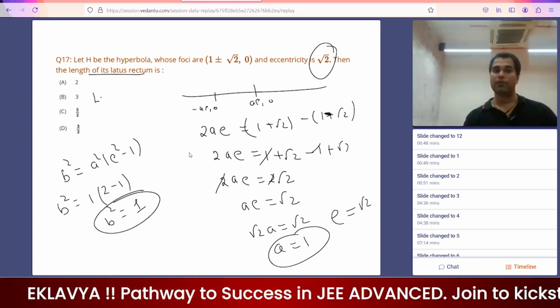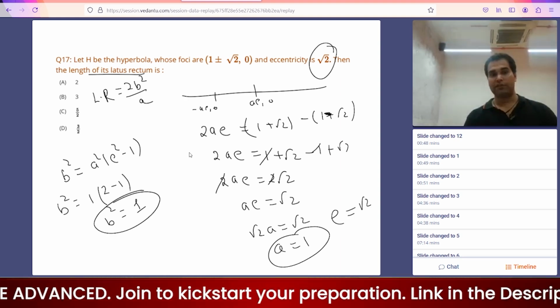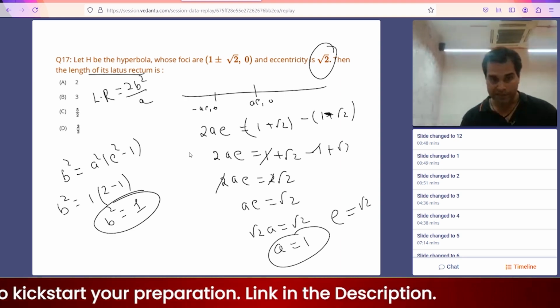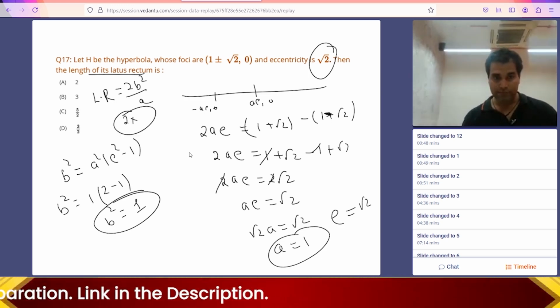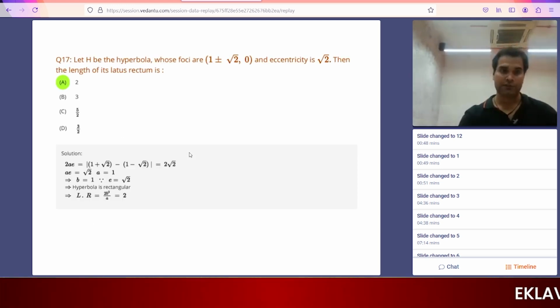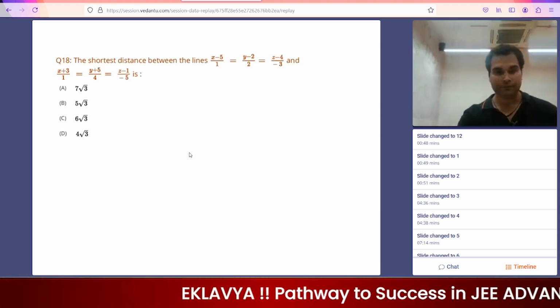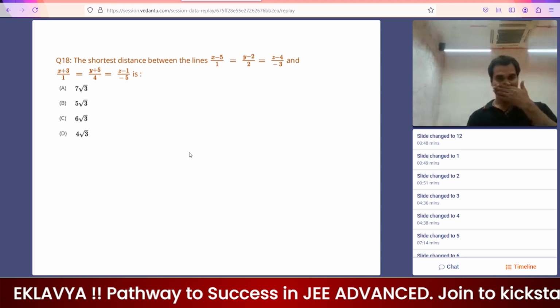And as we know, length of latus rectum of this hyperbola is 2b square upon a. This means 2 times b square means 2 into 1 by 1, so A option is the correct answer. It's clear? Now, next question.